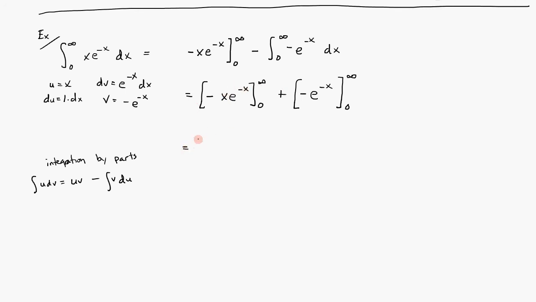So this is the limit as x goes to infinity of minus x e to the minus x, and then at the other endpoint, if you plug in 0, x is 0, so 0 times anything is 0, so that's minus 0.